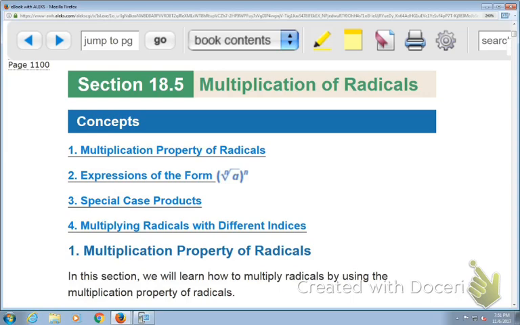Let's go ahead and look at 18.5. Now, multiplication of radicals. We've already made a rule for this, right? We were just using a rule in one direction. So the rule that we developed: the nth root of a times b is what?